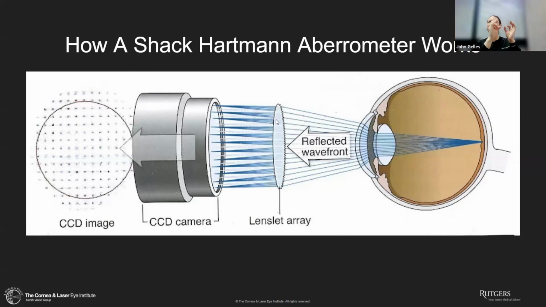Imagine each one of these lenslets are evenly spaced and they all have the same level of focus, right? As that reflected wavefront goes through this micro lenslet array, we get these individual points of focus that are created and end up falling onto a wavefront sensor.